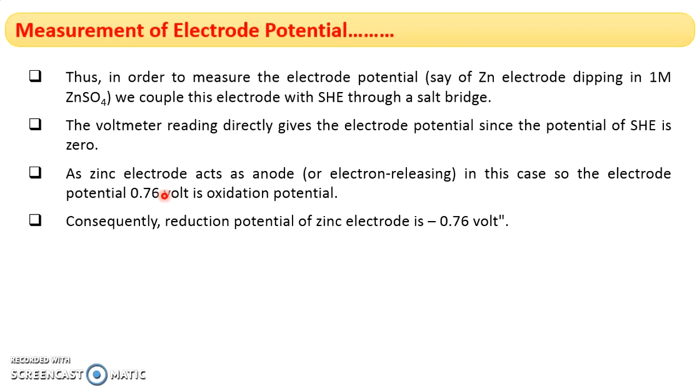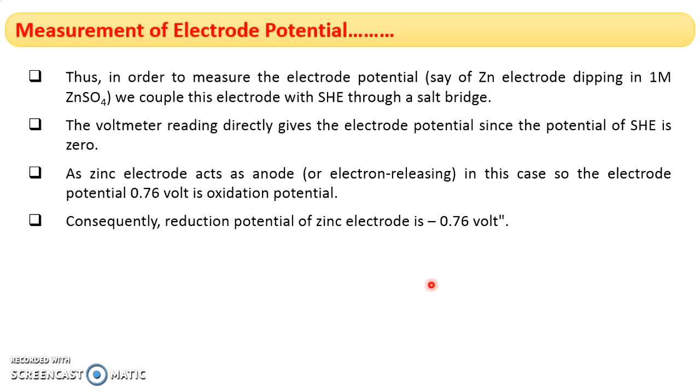As oxidation is occurring at the sample electrode, the value 0.76 volts is the oxidation potential of the zinc electrode. And by changing the sign we can find out the reduction potential of the zinc electrode. So 0.76 volts is the oxidation potential of zinc, and its reduction potential must be minus 0.76 volts. In this way we can find out the electrode potential of a given electrode.